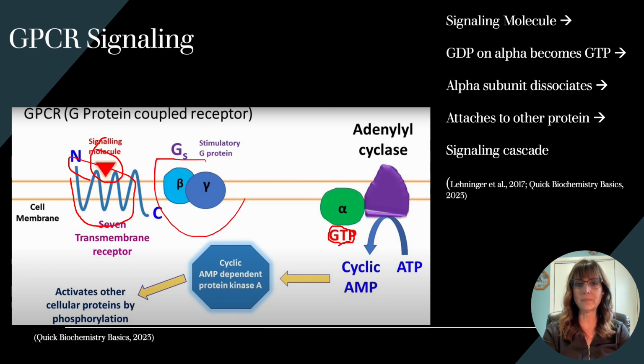It dissociates from the rest of the GS protein, and it can go on to trigger another molecule. In this case, adenylyl cyclase, that is hard to say, which then activates ATP to make cyclic AMP. Cyclic AMP goes on to activate a protein kinase, which goes on to phosphorylate something in the cell.